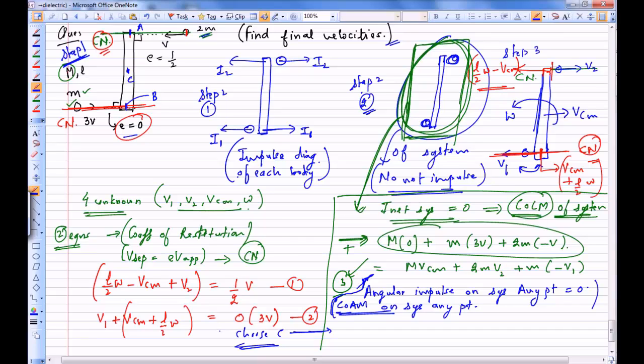So let's choose some positive direction. Let's say this is our positive direction. I'm assuming anti-clockwise to be positive and consequently clockwise to be negative.